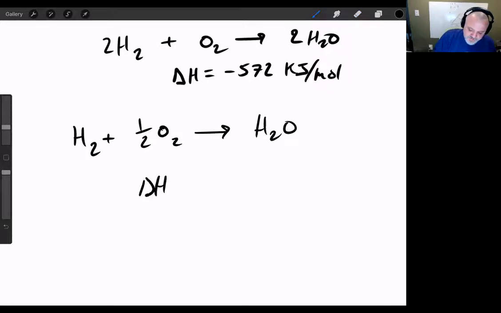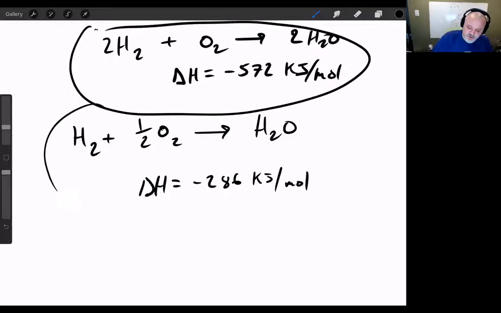The delta H of this one is not 572 kilojoules per mole released. Notice that all of the stoichiometry is divided by 2. So this one is 286 kilojoules per mole. So it is a constant with respect to the particular reaction that we're talking about.